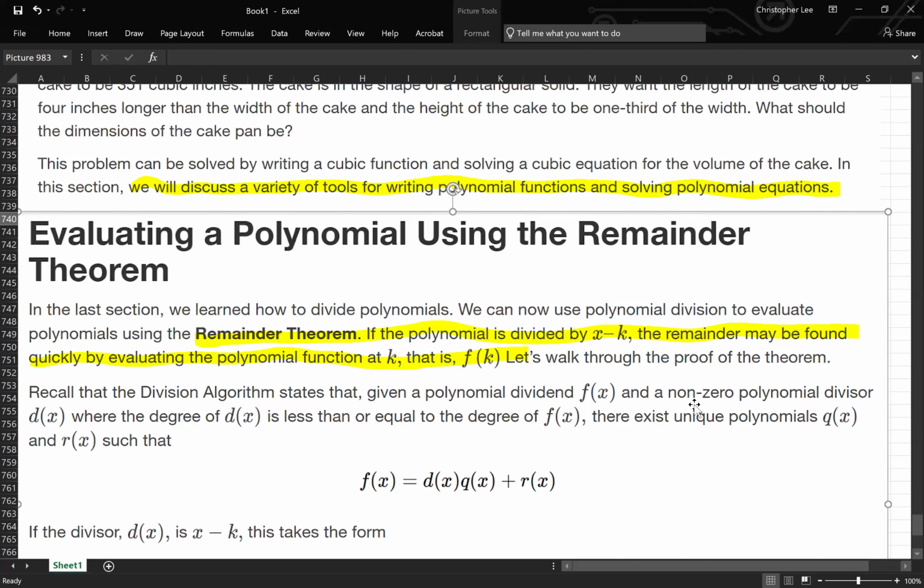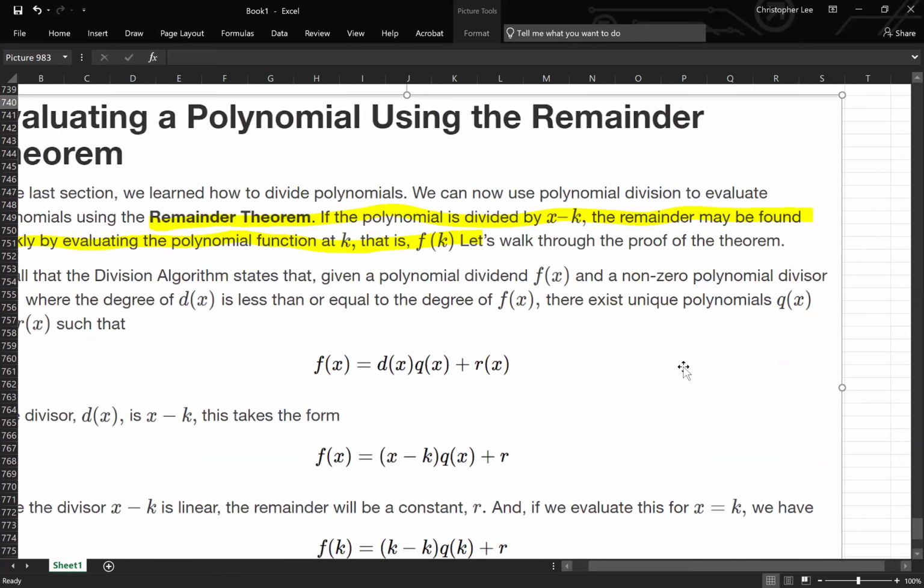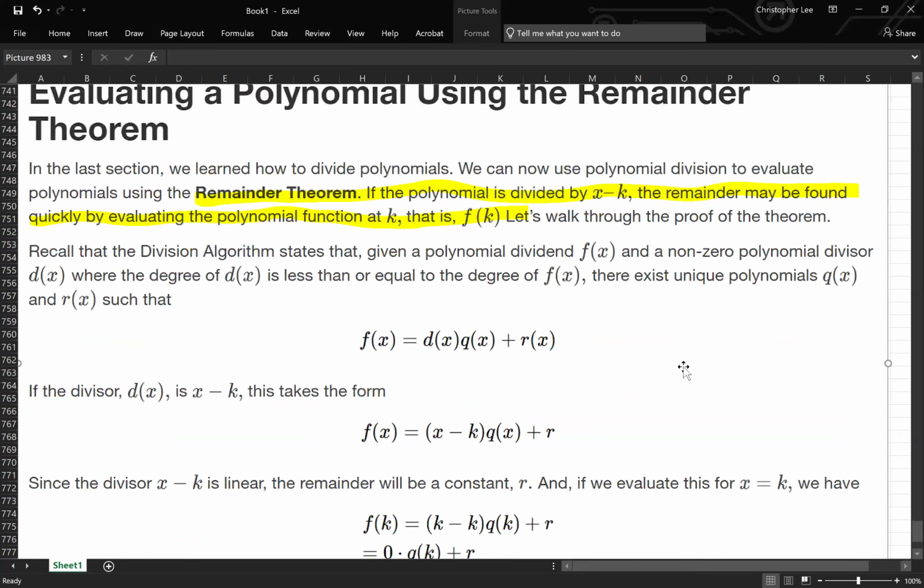If the divisor d of x is x minus k, this takes the form f of x is equal to (x minus k) times q of x plus r. Since the divisor x minus k is linear, the remainder will be a constant, r.